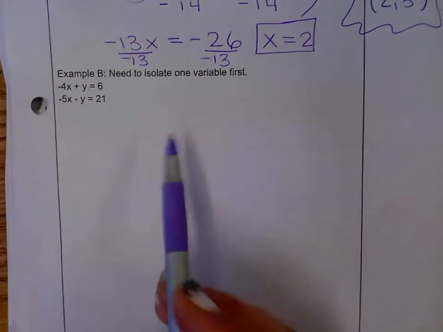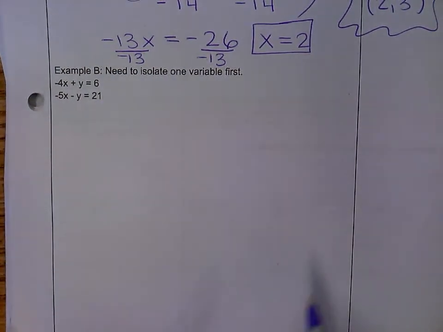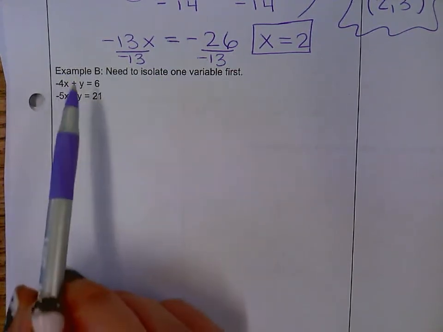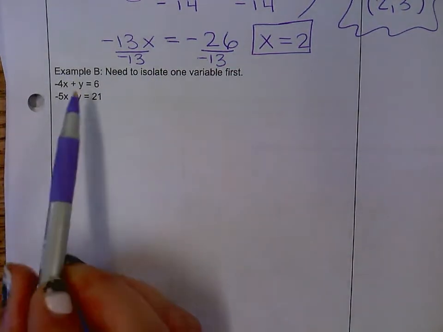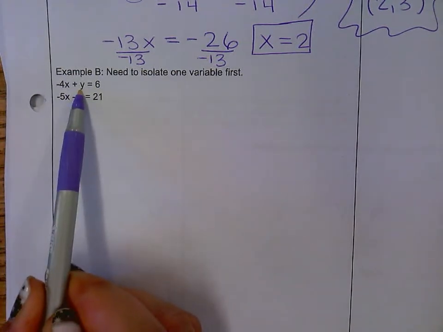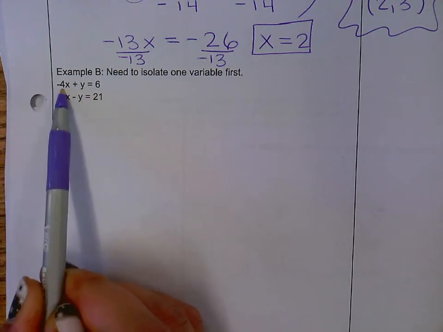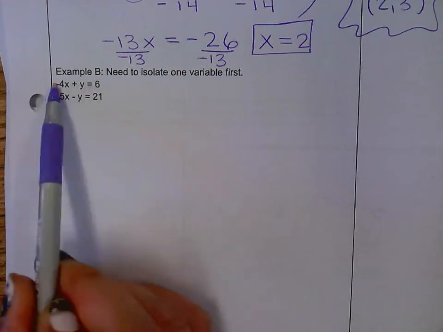Okay, so here we go. I need to isolate, so I need to get one of these variables by itself. In this first equation, this y is very close to being by itself. All I have to do is add 4x to the other side. So see how I'm doing that? I'm going to add 4x to the other side.